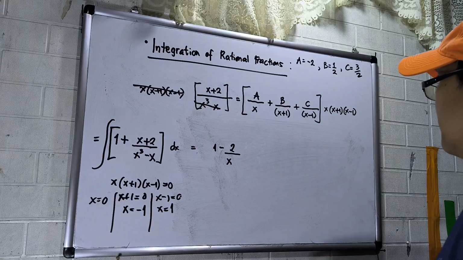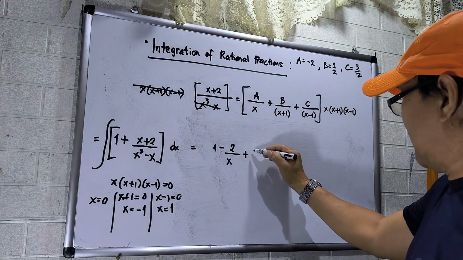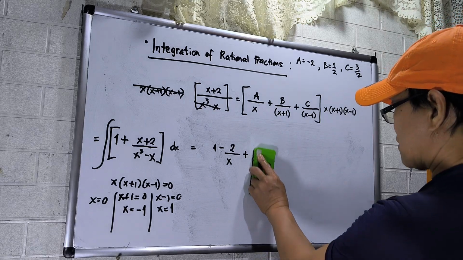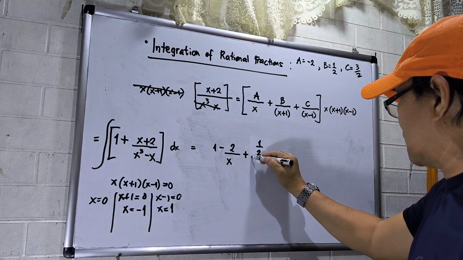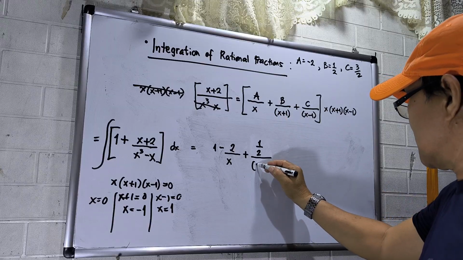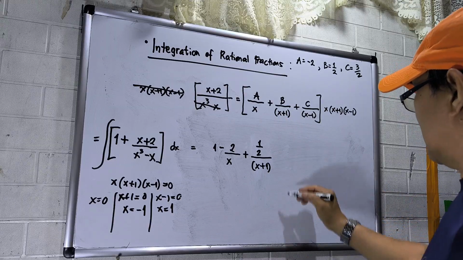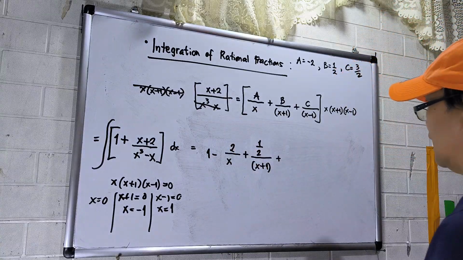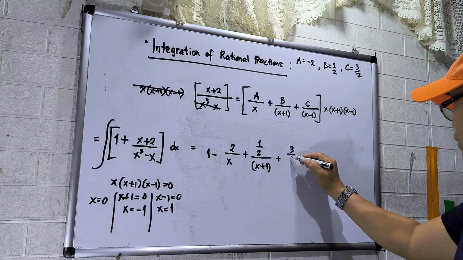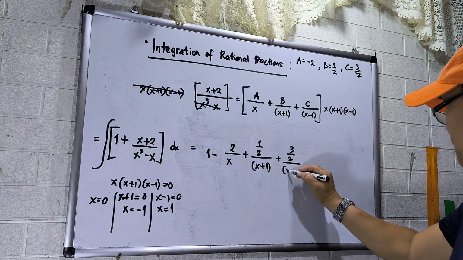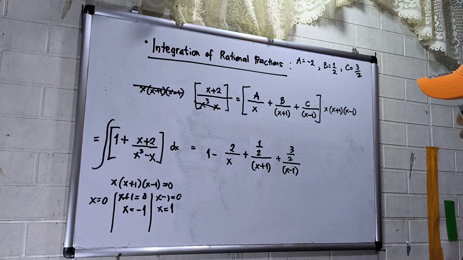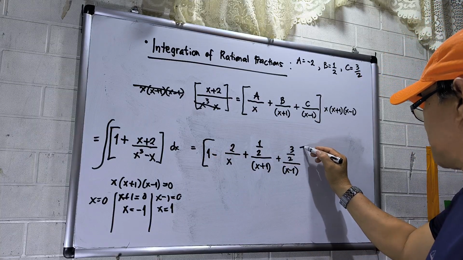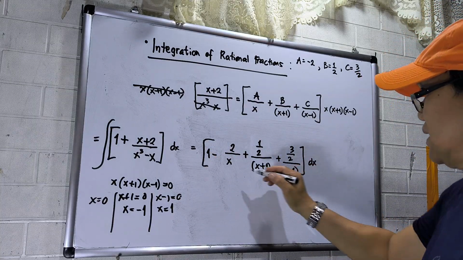Then plus b. b is 1 half. 1 over 2, then x plus 1. Then c is 3 halves, 3 over 2 over circle brackets x minus 1. Then this will be, I will use square brackets. Then this is dx. Then integrate.